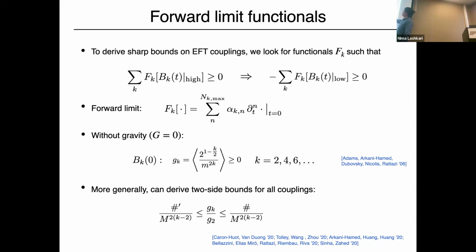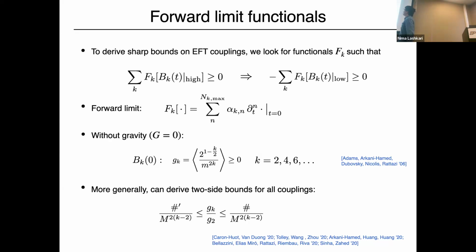If you are able to find this functional, then that means the functional acting on the low energy side also has to be positive. You have to take care of some minus sign, but essentially you get some inequality like this. And because the low energy side can be written in terms of your EFT couplings, this becomes a constraint on your EFT couplings.